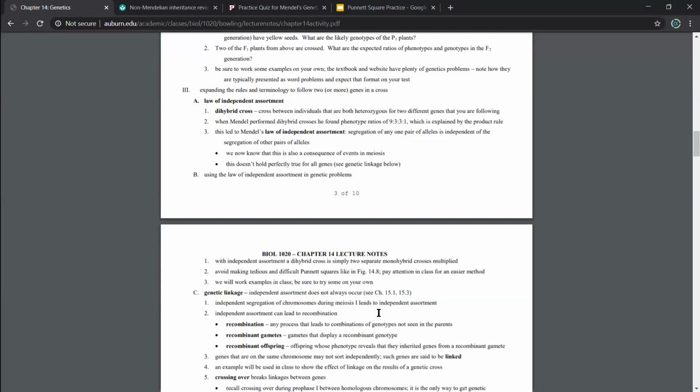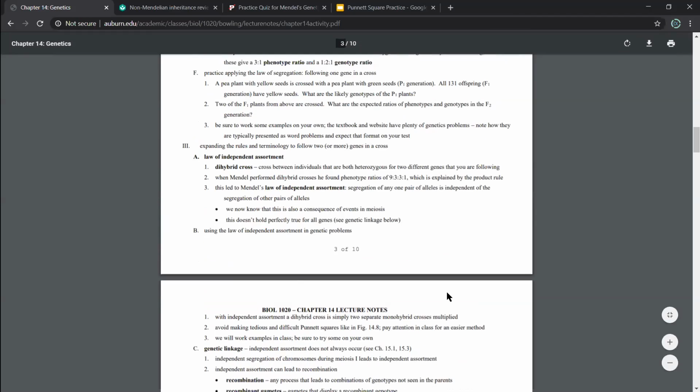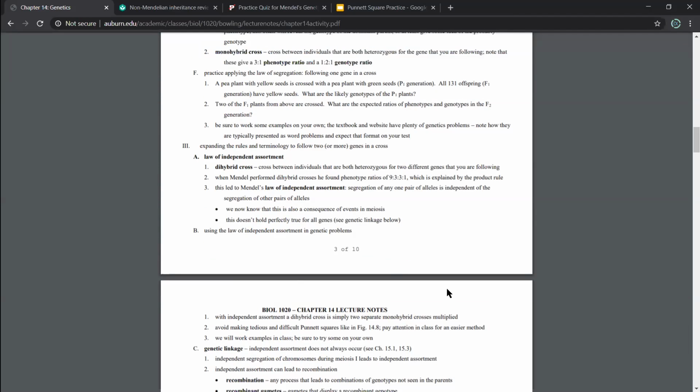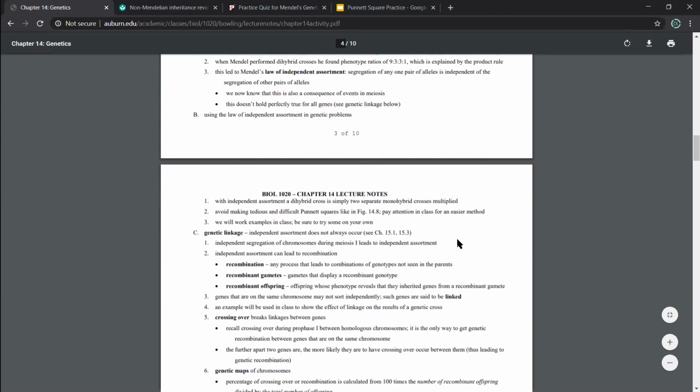Just know that with the law of independent assortment, the segregation of pairs of alleles is independent of other pairs of alleles. So genes assort independently. There's no linkage between any genes. Genes and alleles aren't going to be inherited together. That's what Mendelian genetics states.